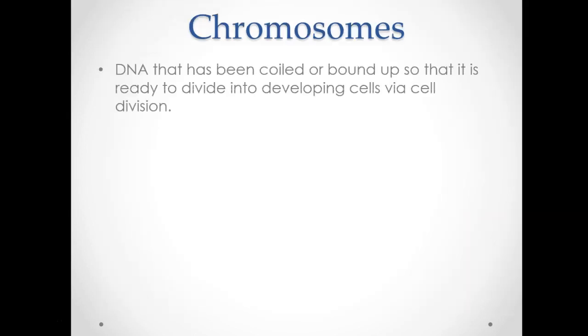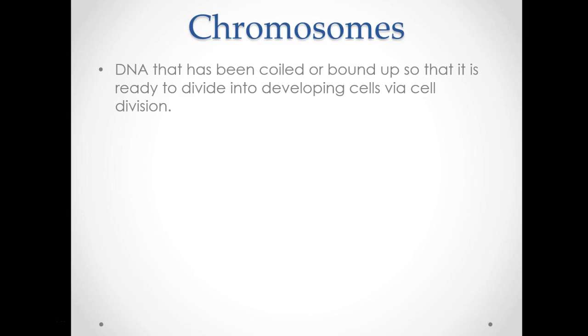So first of all, if you remember from our previous discussions, chromosomes are DNA that has been coiled up or bound up so that it's ready to divide into developing cells via cell division. So remember, chromatin was sort of that loose, unbound material that we need to access the genes.